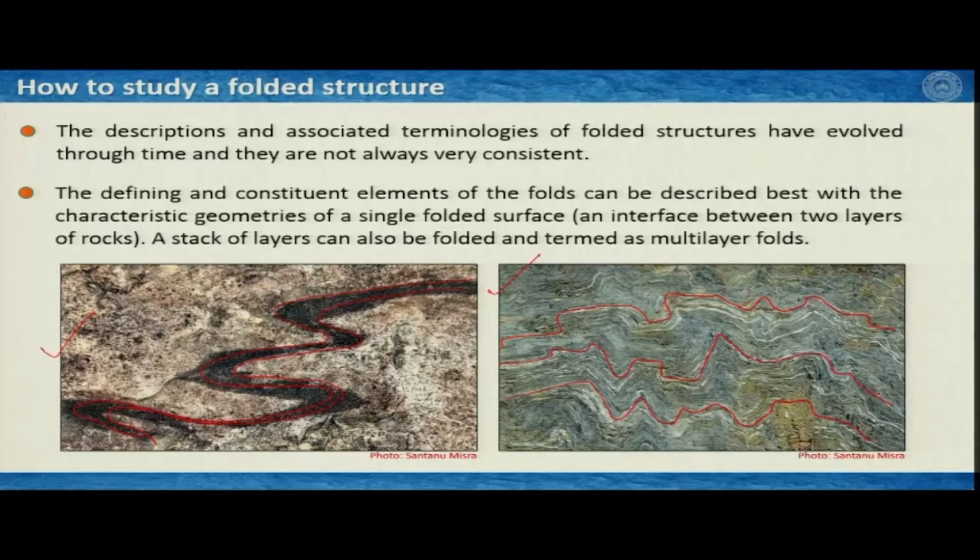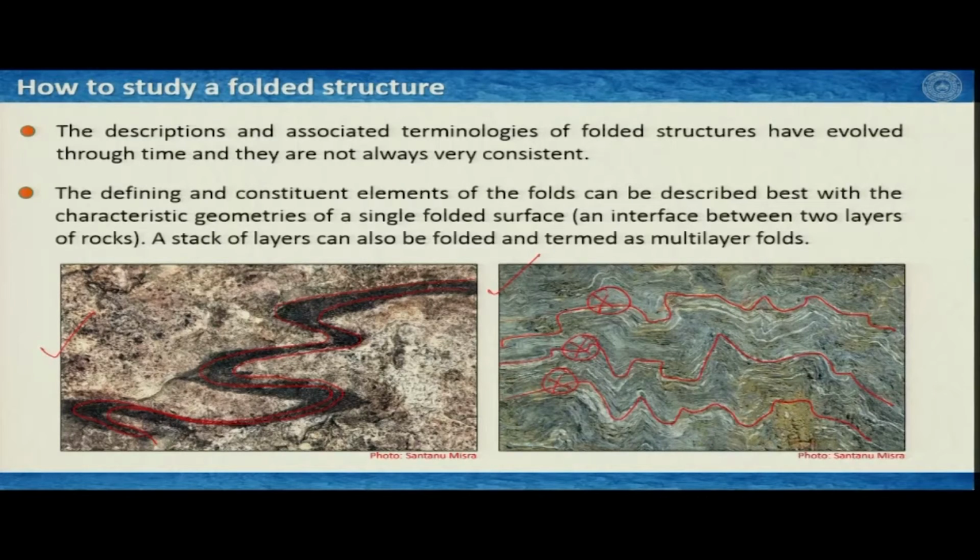So, if you study a single layer, you can see that the fold pattern of this particular layer is significantly different from this particular layer and this particular layer. So, in multi-layers they can produce folds in a very similar fashion or in a very different fashion. We will learn about it later, but the concept is you can study the folded structure in a single layer or also in multi-layer, and they do have their own pros and cons.